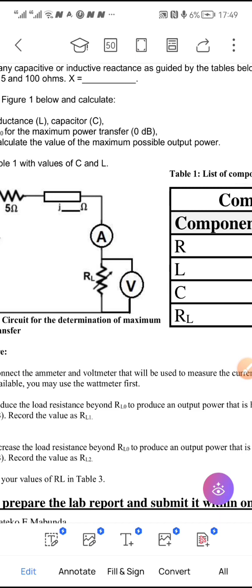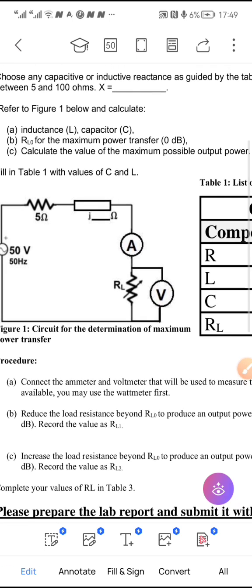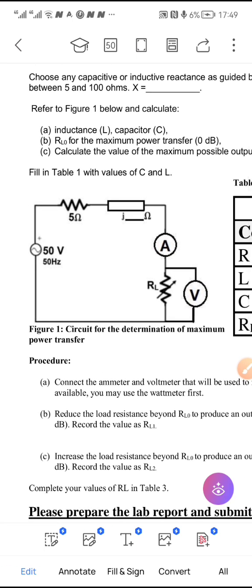What is it that will be necessary? But now, remember, when you go up, the voltage will almost remain at the same place, and the current will change, and then from there, quickly work out what will make the power to be half of the maximum.